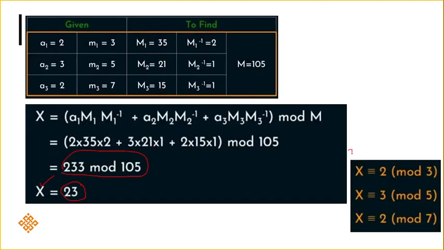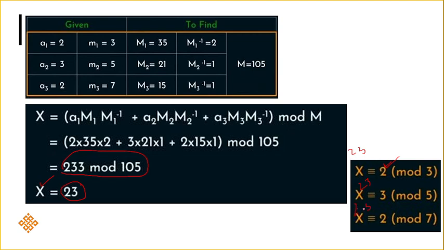If you see this 23 here, 23 is congruent to 2 mod 3, yes, because 23 mod 3 gives the remainder 2. 3 times 7 is 21, so 2 is the remainder. Yes, it's satisfied. Similarly, 23 is congruent to 3 mod 5: 5 times 4 is 20, 3 is the remainder, so it's also satisfied.